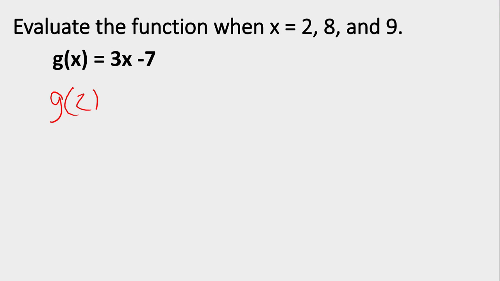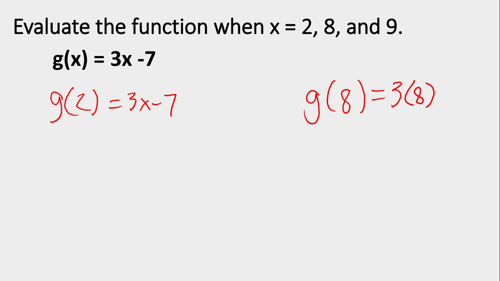g of 2 equals 3x minus 7. g of 8 equals 3 times 8 minus 7.